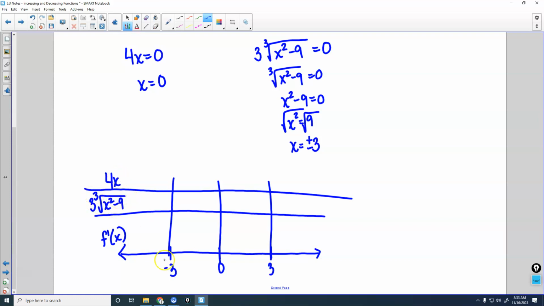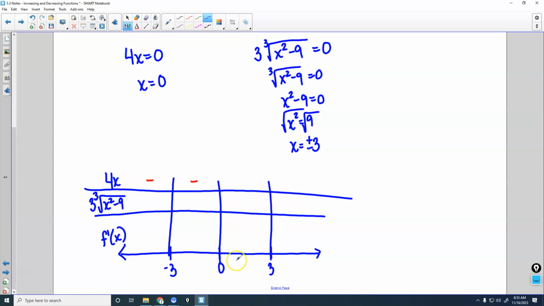So if I'm thinking about plugging in numbers to this, I'm just going to do a piece at a time. So for this, if I'm plugging in a number right here, like -4, well, -4 times 4 would just give me -16. That'd be a negative right there. If I plug in something between -3 and 0, like -1 into this, I'll still get a negative.